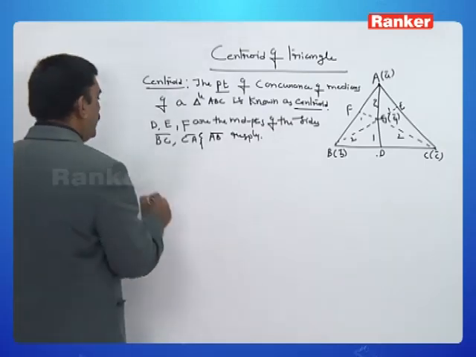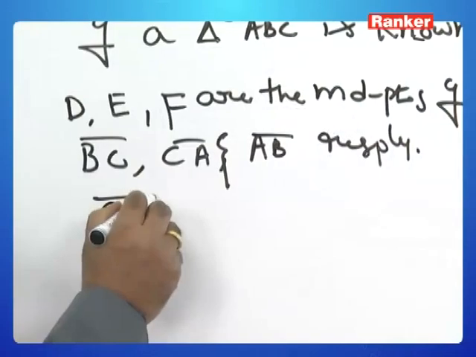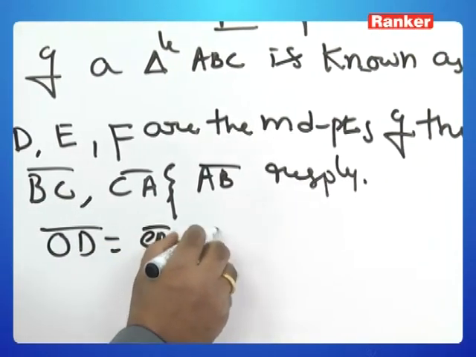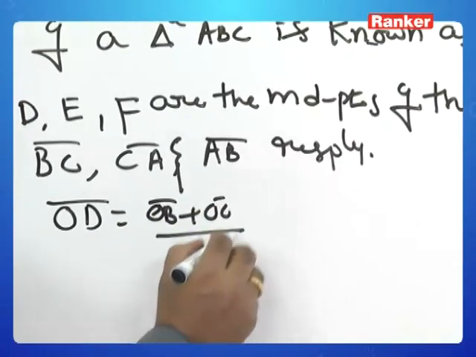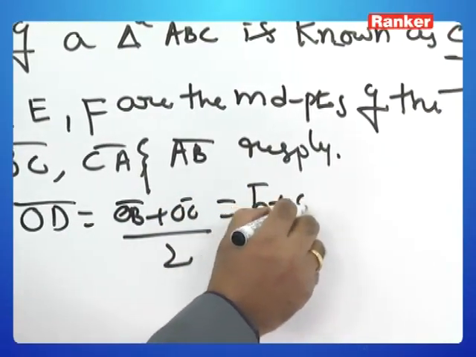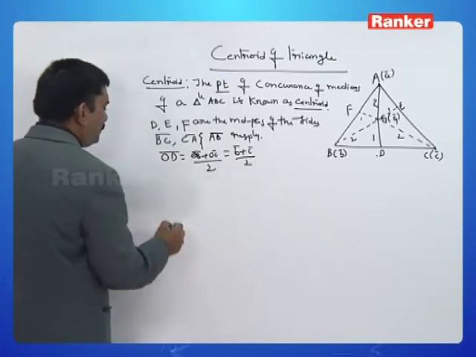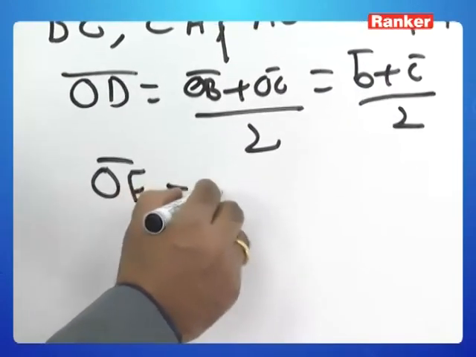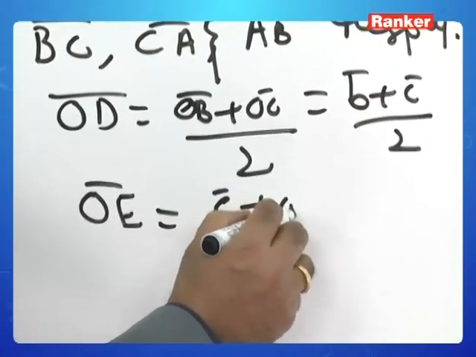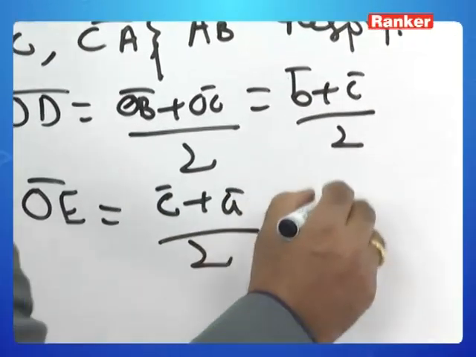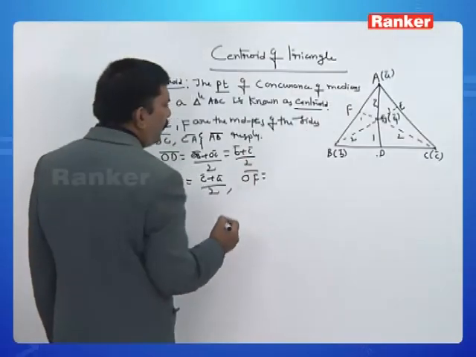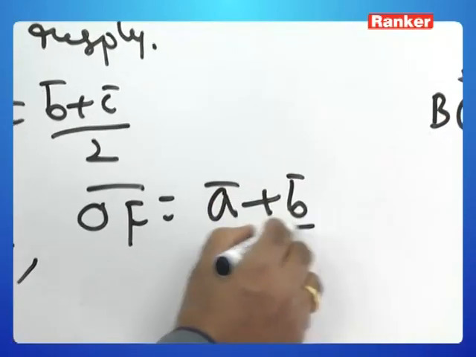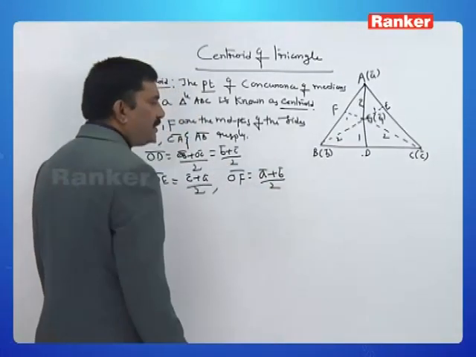So therefore, I can write OD bar is equal to OB bar plus OC bar by 2, that is B bar plus C bar by 2. OE bar is equal to, similarly, C bar plus A bar by 2. OF bar is equal to A bar plus B bar by 2.